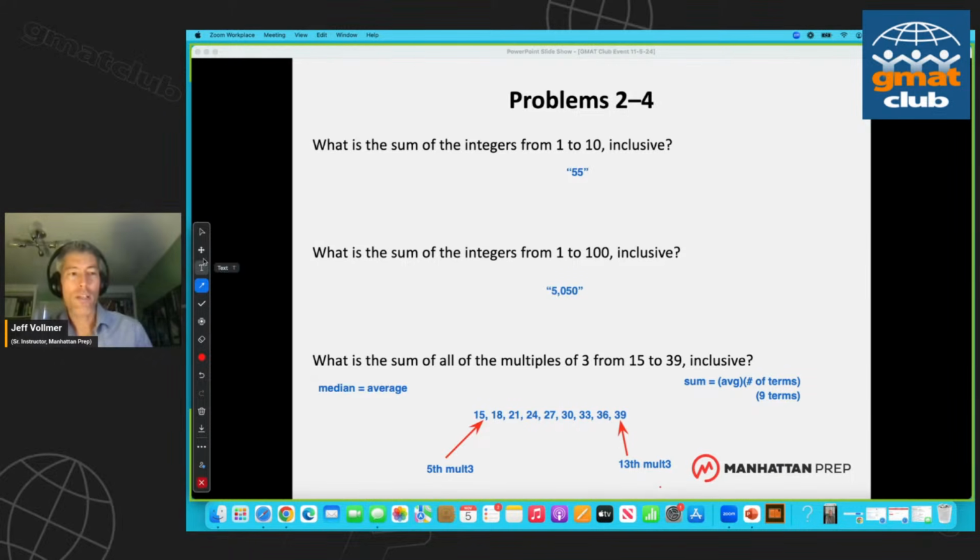Say there's a line of a lot of people, and my friend is the 5th person in line and I'm the 13th person in line. From my friend to me, how many total people is that? This is very similar to counting from 5 to 13. When we do that, we take the range. 5 to 13 is a range of 8, but I'm not counting the distance between me and my friend in line.